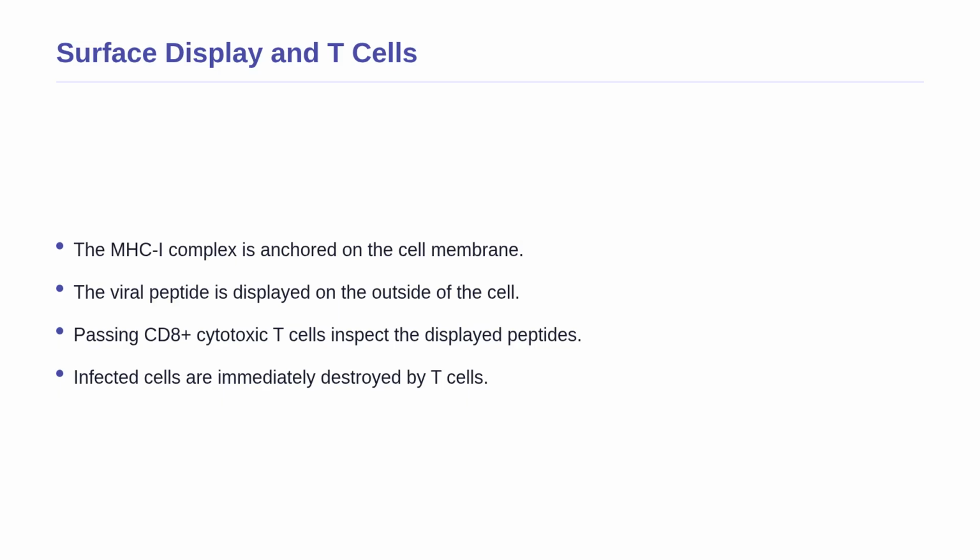They constantly patrol the body and inspect these displayed peptides. If a T cell recognizes a normal, healthy cell protein, it moves on. But if it recognizes a viral fragment, it will immediately release toxins to destroy the infected cell, stopping the virus from replicating any further.